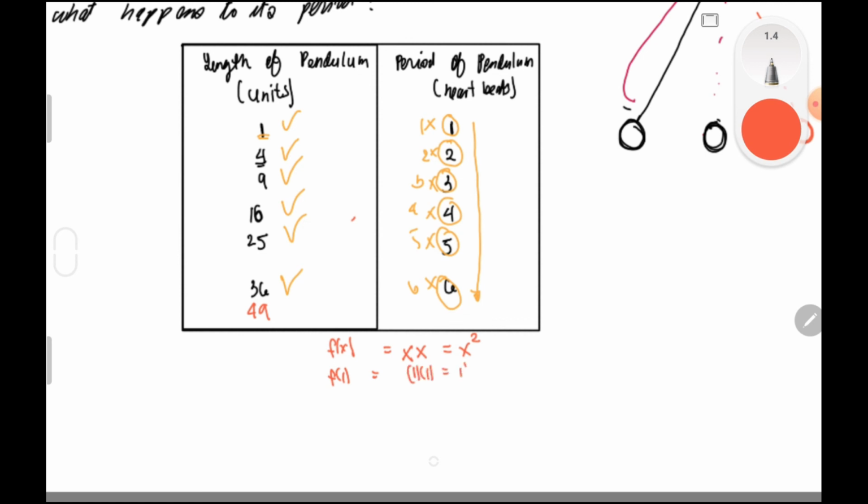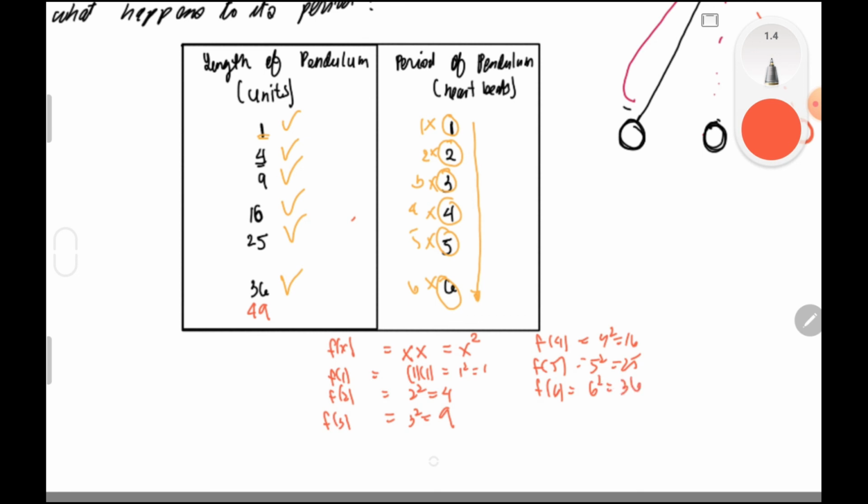Or 1 squared, so may 1 ako. Pag 2 naman yung in-input ko, I will have 2 squared which is equal to 4. Pag 3 naman yung input ko, I will have 3 squared which is equal to 9. Pag 4 naman yung input ko, I will have 4 squared which is equal to 16. At 5 naman yung in-input ko is 5 squared which is equal to 25. At pag 6 naman yung in-input ko, I will have 6 squared which is equal to 36.